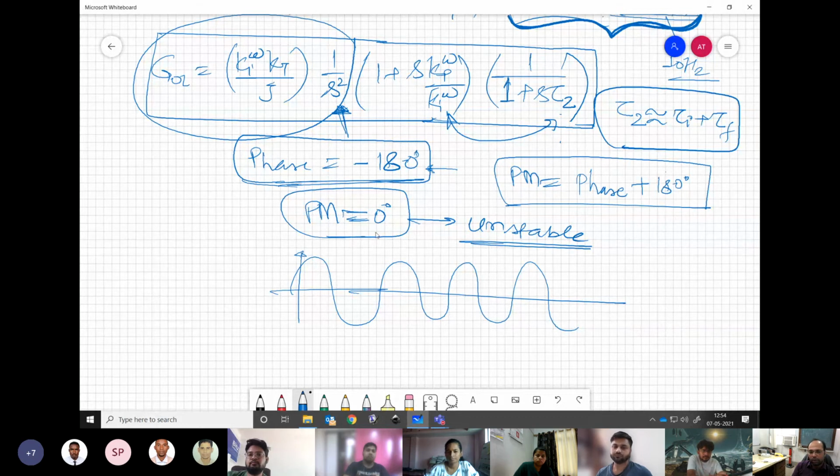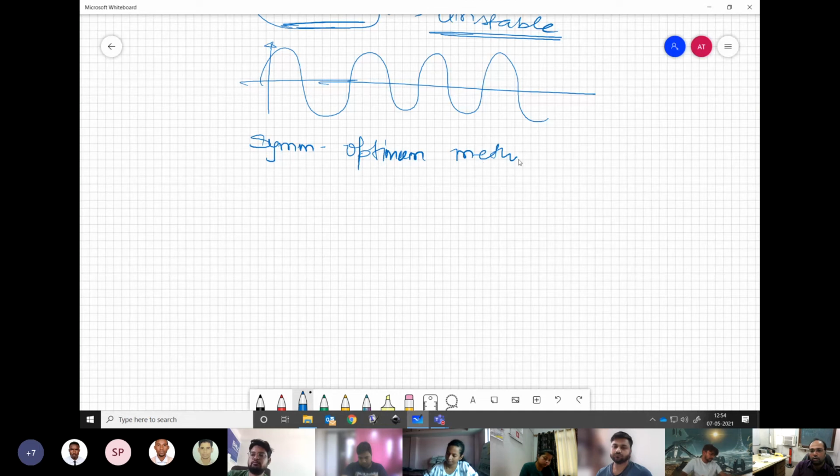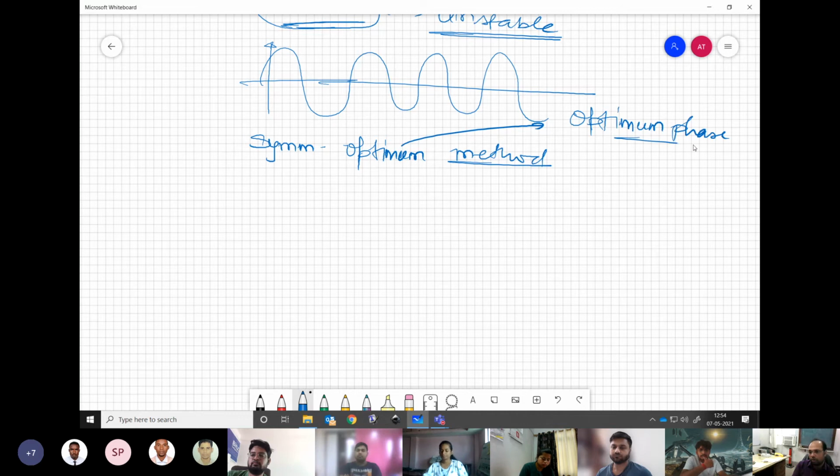So we have to do something to improve our phase margin, and that is why we follow this method, what is called the symmetric optimum method. Understanding my point? Actually, the optimum stands for optimum phase. The other two cases we were having optimum magnitude.